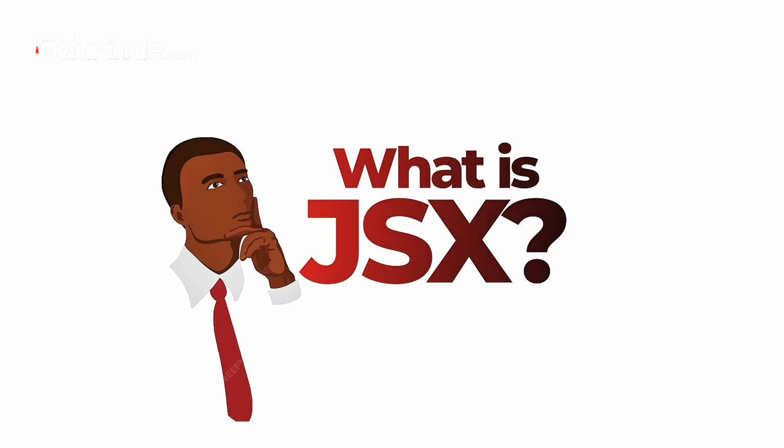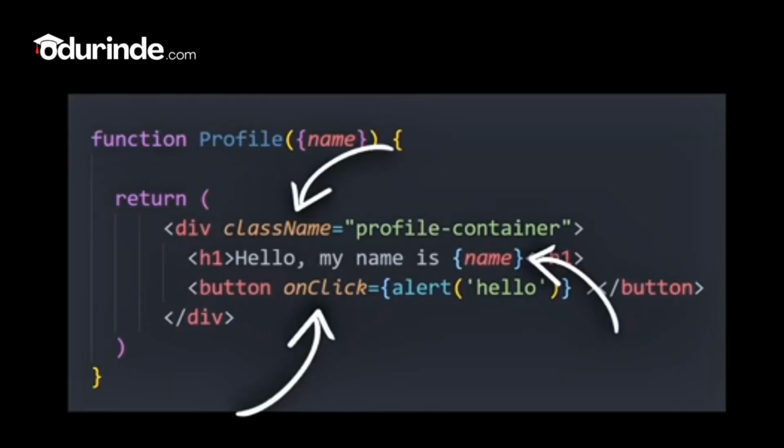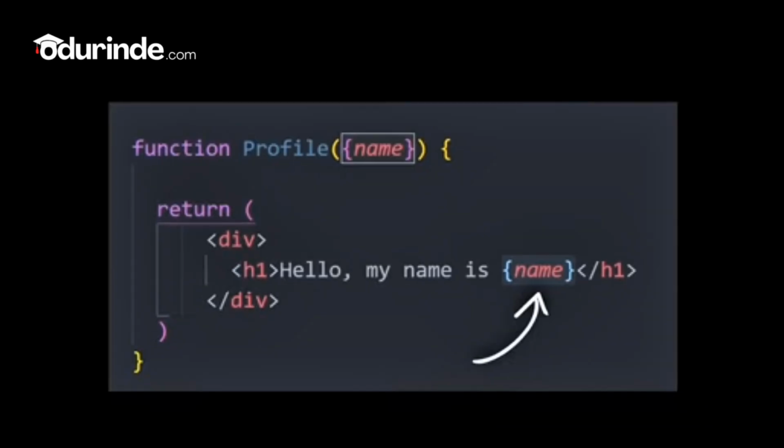JSX. Instead of writing traditional HTML tags, you are going to be using something called JSX, which stands for JavaScript XML. JavaScript XML actually looks a lot like HTML with some slight syntax differences and also gives us some added functionality. Take a look at this example and you will see how you can use curly braces to pass in variables and add in JavaScript logic directly into your HTML.